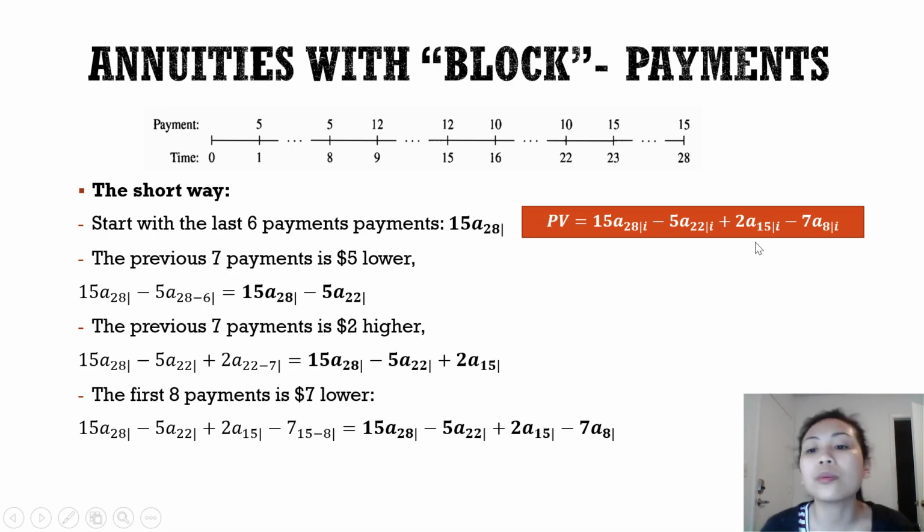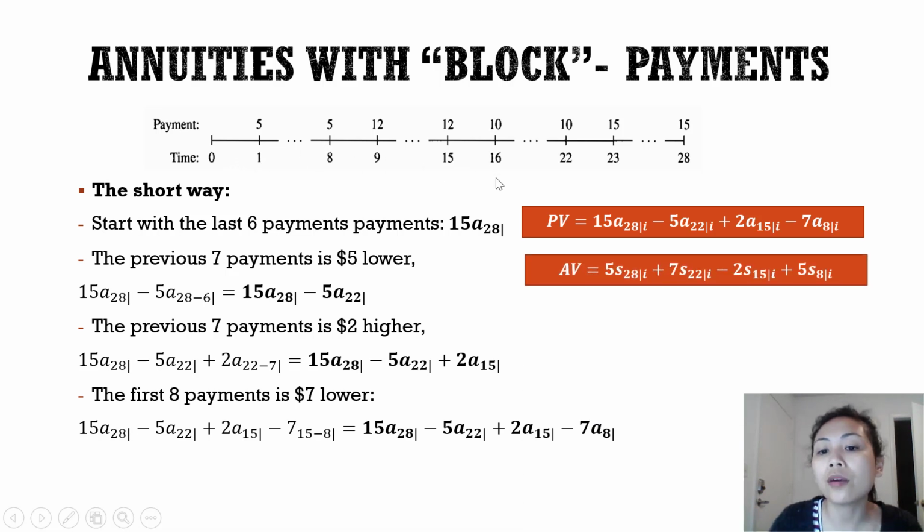So what about the accumulated value? For present value, we start at the last payment and move backward. For accumulated value, we start at the first payment and move forward. So here's how we make the accumulated value. First, we start with 5 because we start at the beginning, and we make these 28 payments all $5.